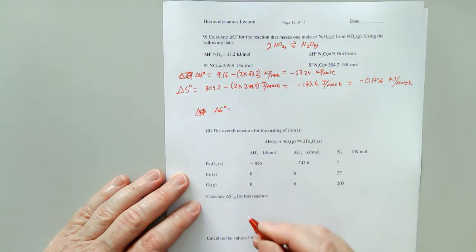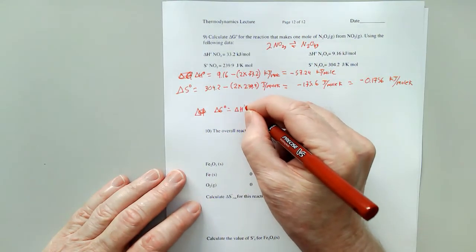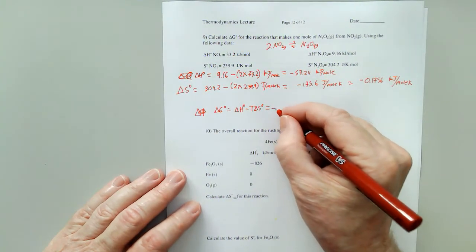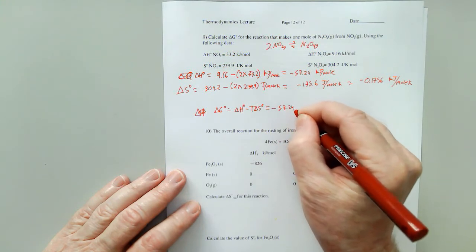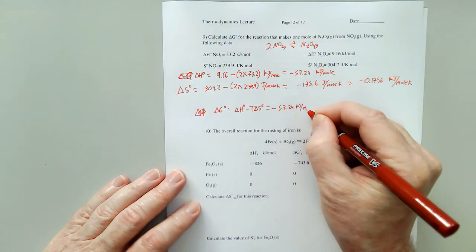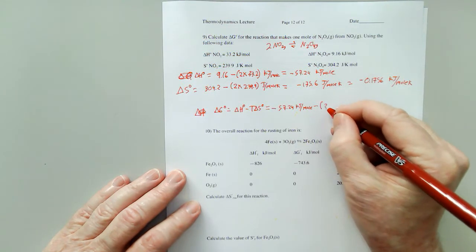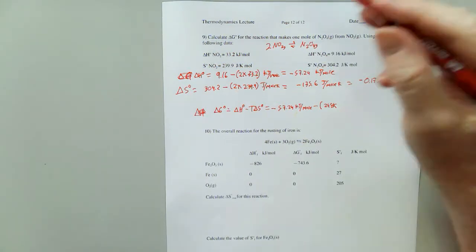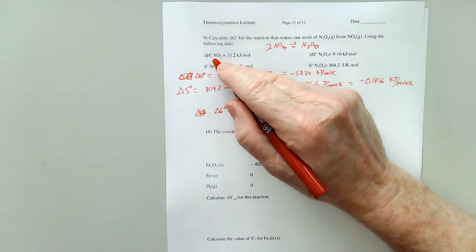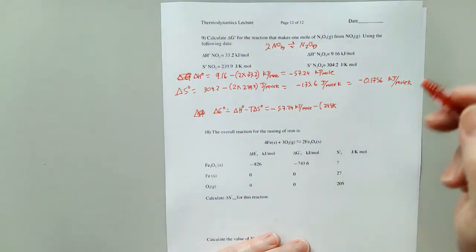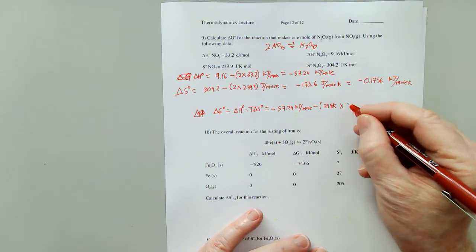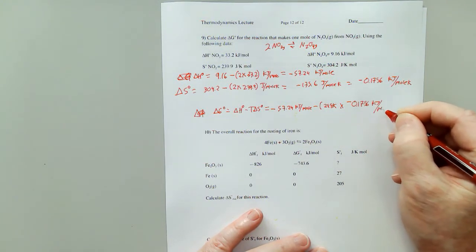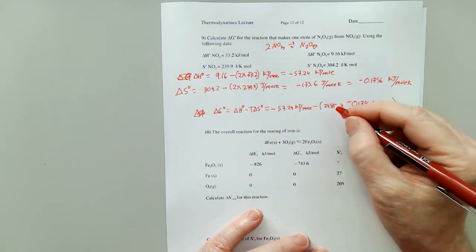Delta G naught is going to equal delta H naught minus T delta S naught, which equals negative 57.24 kilojoules per mole minus 298 Kelvin. And even though it didn't specifically state it was 298 Kelvin, because this is delta H naught, we know it's standard conditions, which occurs at 298 Kelvin, times negative 0.1756 kilojoules per mole K. The K's cancel.